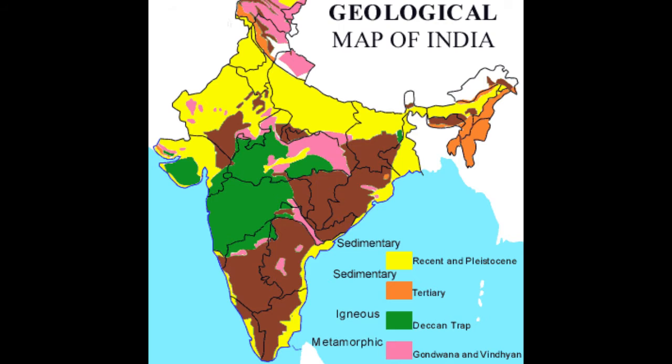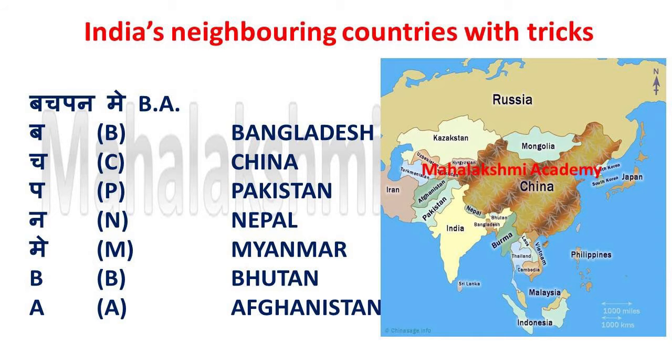India is located in the northern hemisphere under the Tropic of Cancer, 23°13' north. India's neighbors. There are 7 countries that share land boundaries with India.